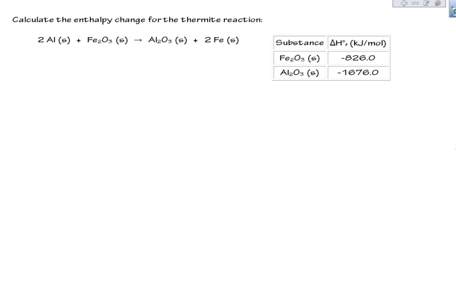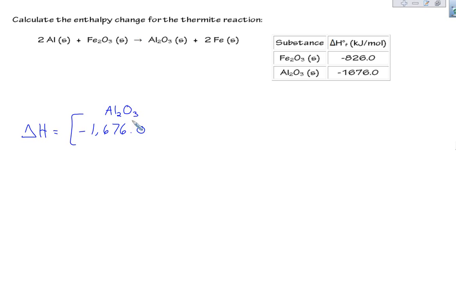How cool. Okay, so even if I look at the reaction as given, products minus reactants, this one's super easy. Delta H. Products. I have that aluminum oxide. There's just 1 mole. Aluminum oxide, negative 1,676 kilojoules. Okay, so there's my aluminum oxide.